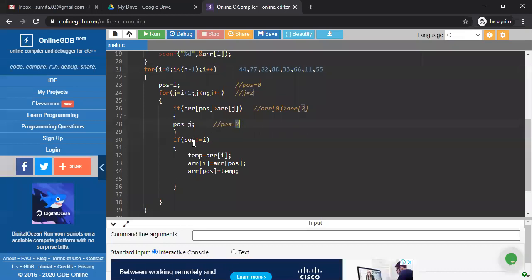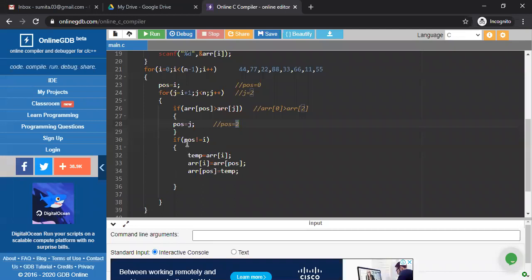Position value is 2 and I value is 0. Same as before. Am I right or wrong? According to our previous comparison, position is already changed, so if position not equals I, then this part is executed.